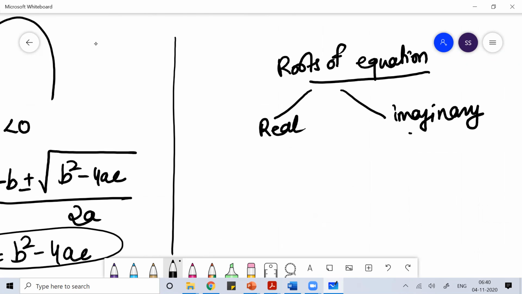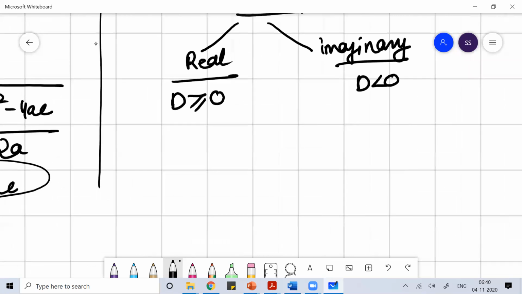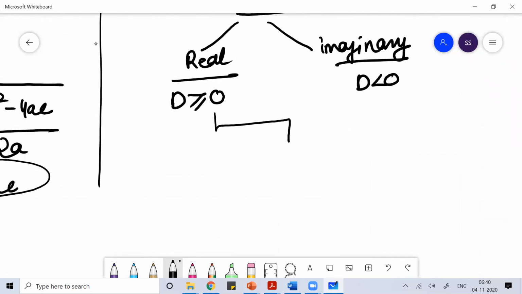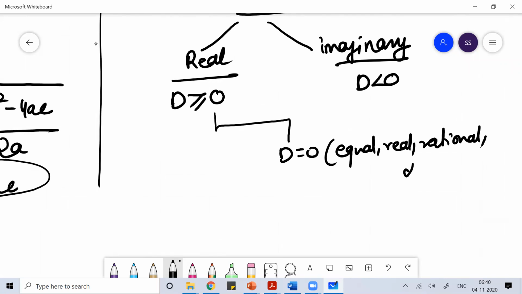You get imaginary roots if your D is less than 0. You get real roots if your D is greater than or equal to 0. When D is equal to 0, your roots are equal, real, and rational, and each root, alpha and beta, is equal to minus b by 2a.